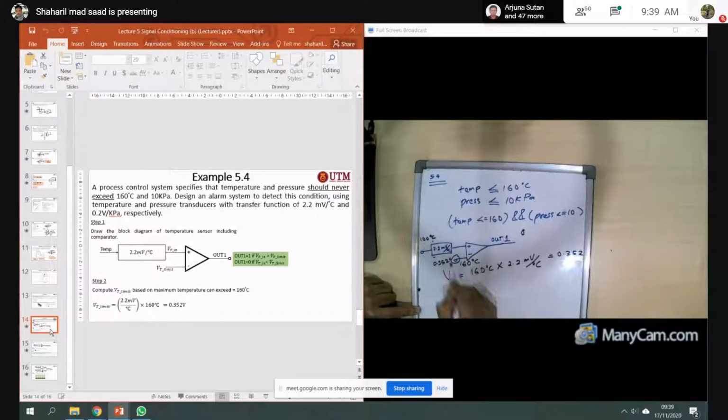That represents 160 degrees. So when you detect 100 degrees here, the voltage will be converted by this transducer, 100 times 0.0022. What do you get? How much do you get? 0.22, right? I'm right.